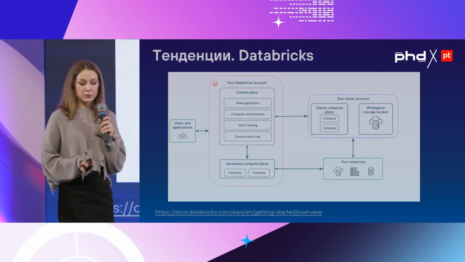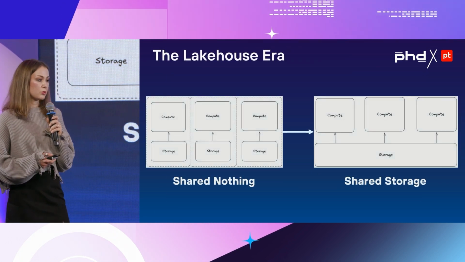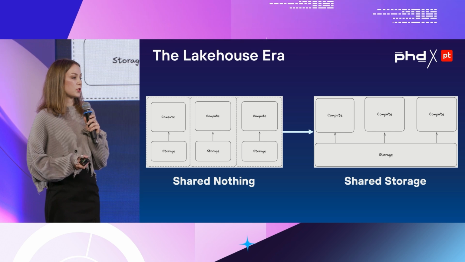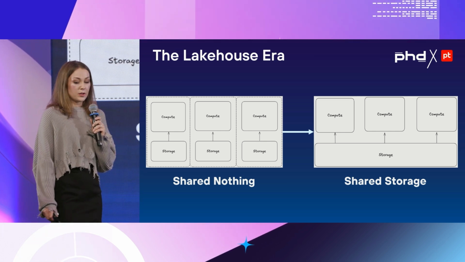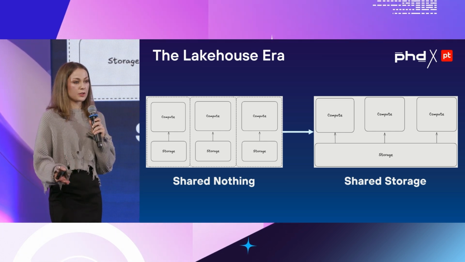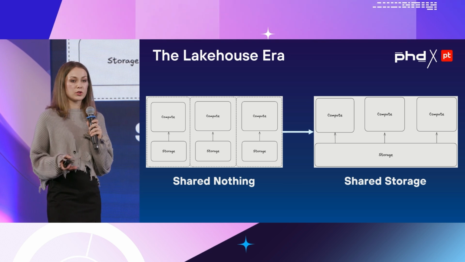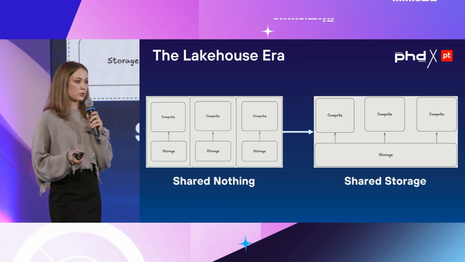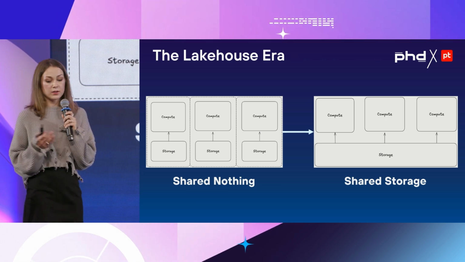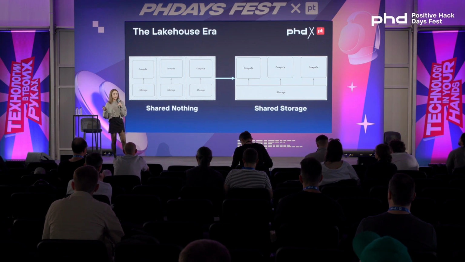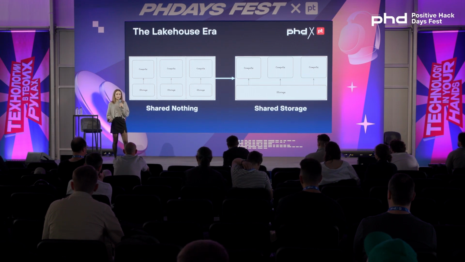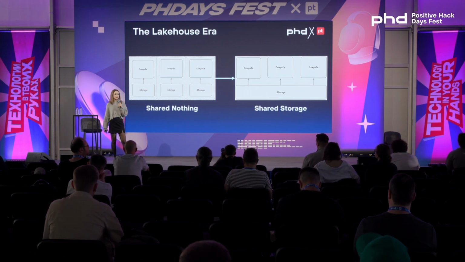Compute and storage are separate, and all of this leads us to a change in the architecture. Right now, everything is moving from the shared nothing architecture, when the node structure is responsible both for the storage and processing, to the architecture where you have computing and storage separately.